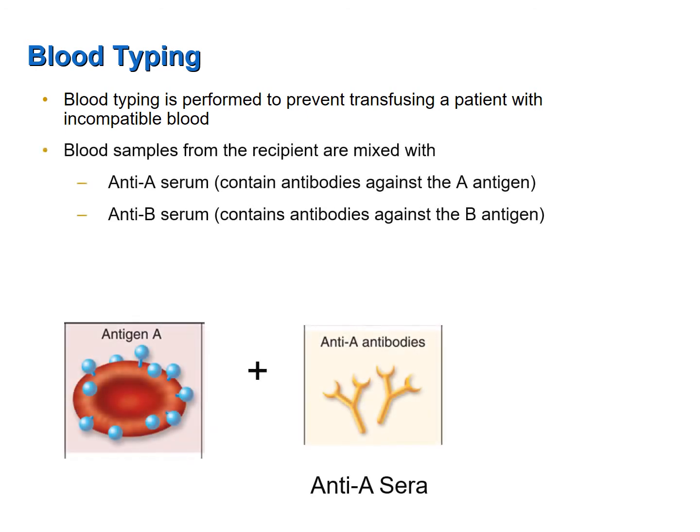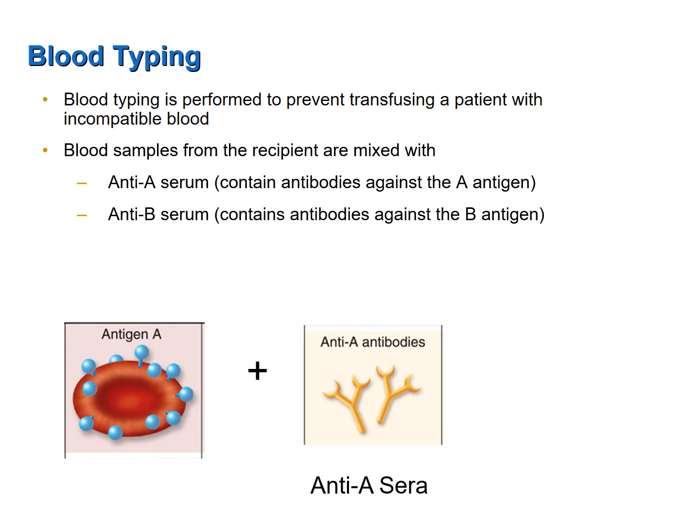So in typing blood, we will take a sample of blood and mix that blood with serum containing anti-A antibodies and serum containing anti-B antibodies. In this example at the bottom, we have an unknown sample of blood. It happens to be type A, but let's say we don't know that.